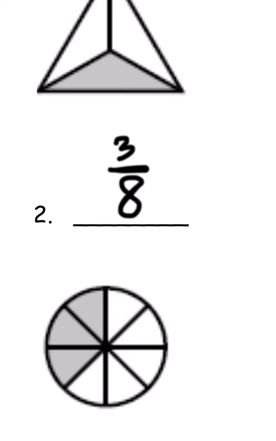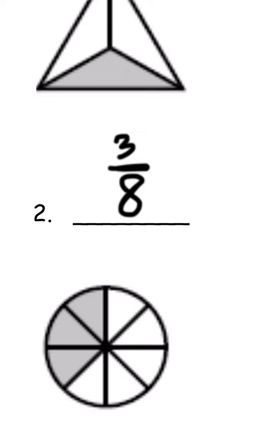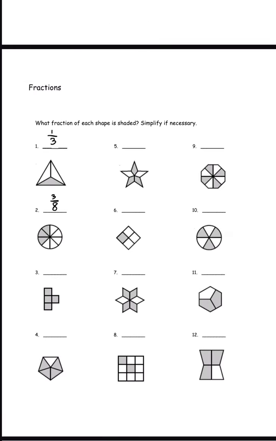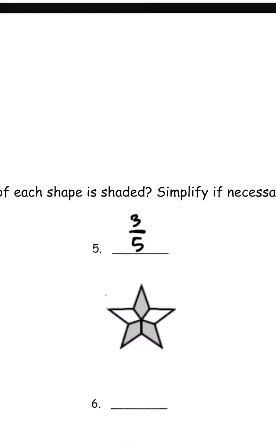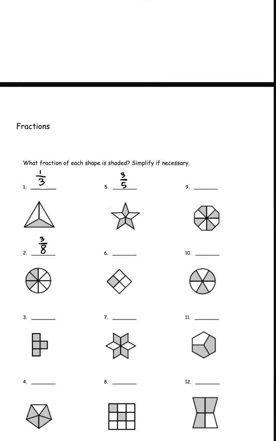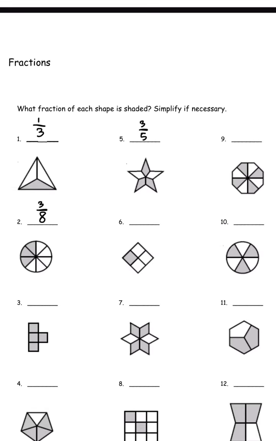Therefore, 3/8 is the answer for number 2. Let's look at number 5. For number 5, there are 1, 2, 3, 4, and 5 sections, and 1, 2, 3 sides are shaded. So 3 out of 5 sections are shaded, therefore 3/5 is the answer for number 5.